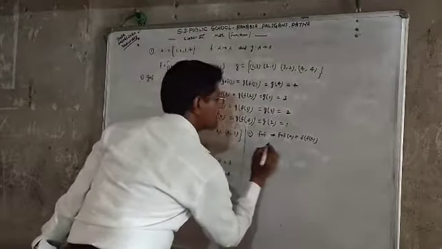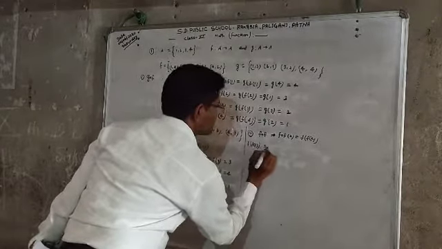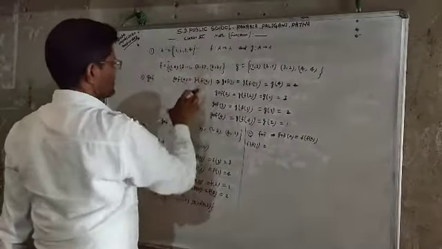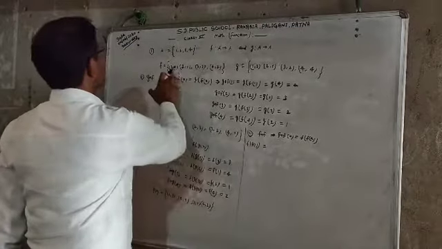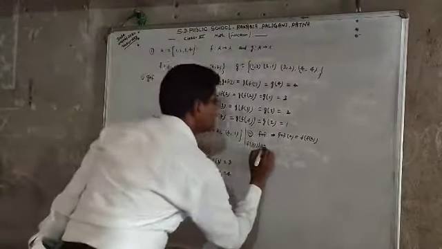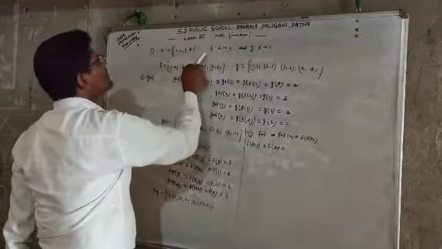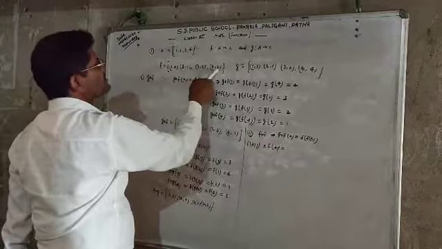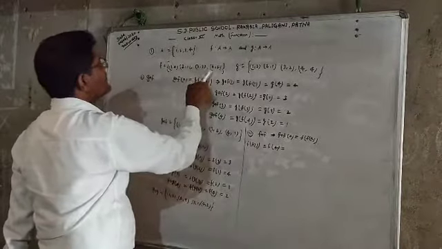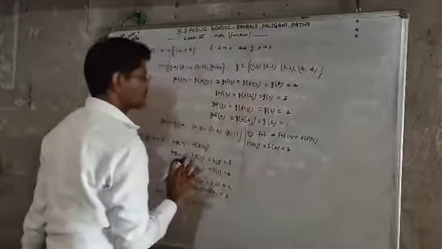From set A, f of f1. From the first function, 1 has image 4, means f1 equal to 4, means we have to find f4. The image of 4 from the first function is 2, means f4 equal to 2.